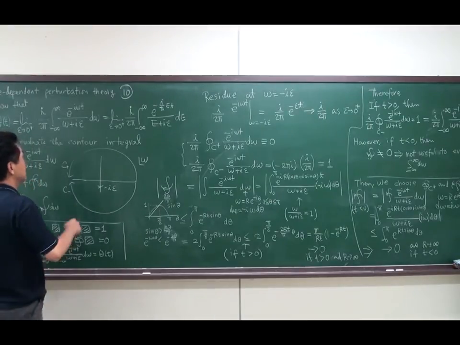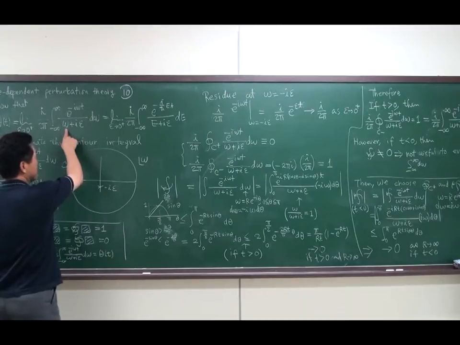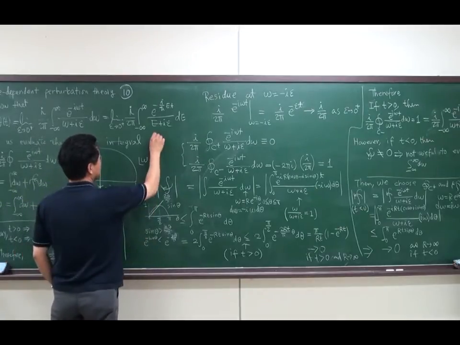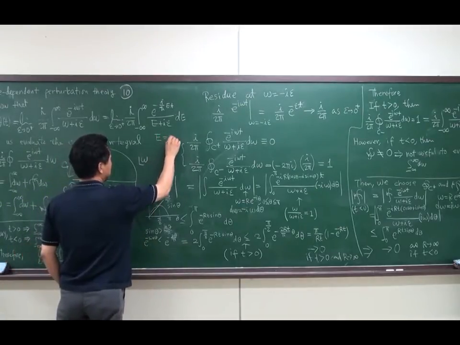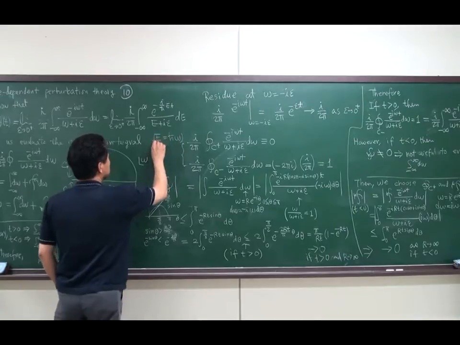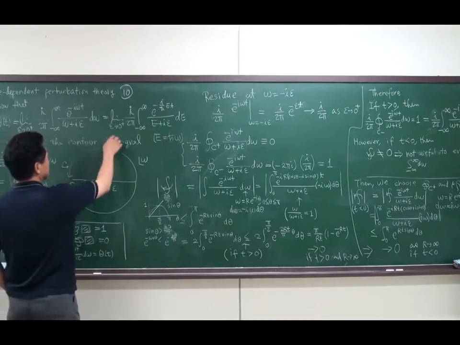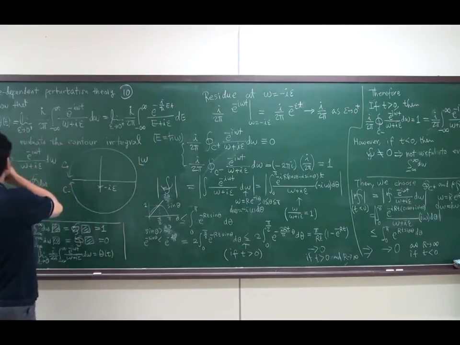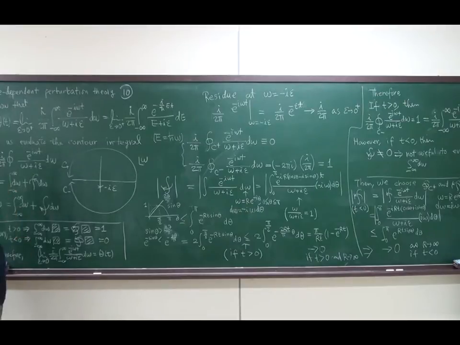If you replace this omega by energy, by making use of the fact that energy is h bar omega, we can change the variable like that. This relation can be proved by making use of a contour integral.